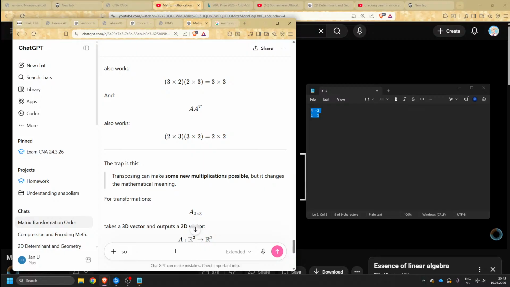So the general rule is that if the rows of the first matrix and the columns match, then I can calculate.